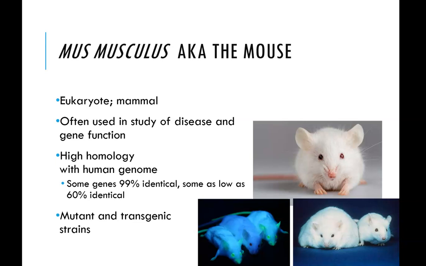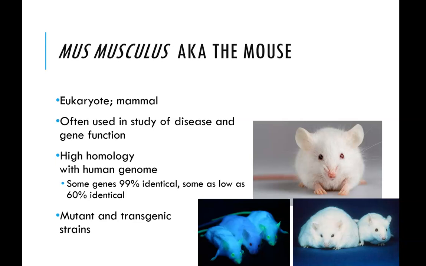Homology means same. So the human genome, or the sequence, the code of our DNA, is really similar to the gene sequence in mice. So some genes are up to 99% identical. Basically, they're the same genes. Some are only 60% identical.